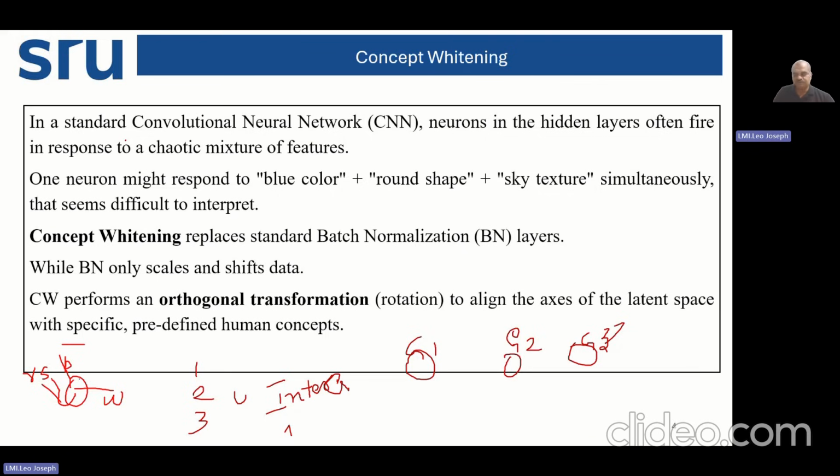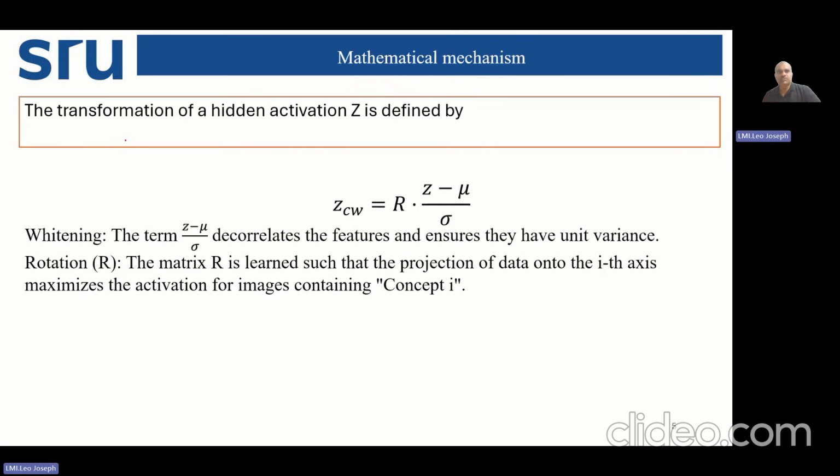Okay, so let us move into this. The mathematical mechanism is that the hidden activation layer is defined by Z of concept whitening, which is equal to R into (Z minus mu) by sigma. You know that (Z minus mu) by sigma is nothing but batch normalization.